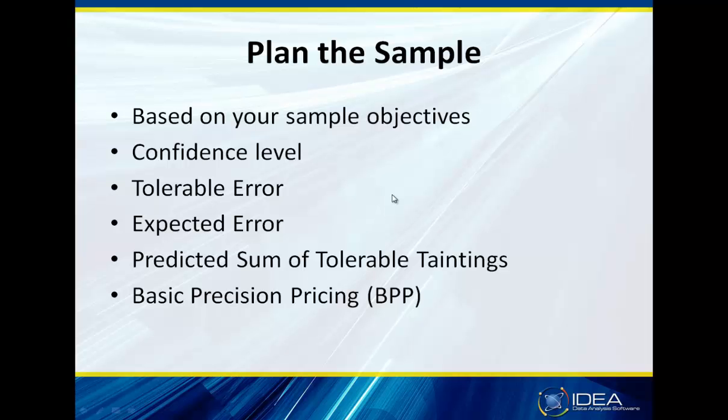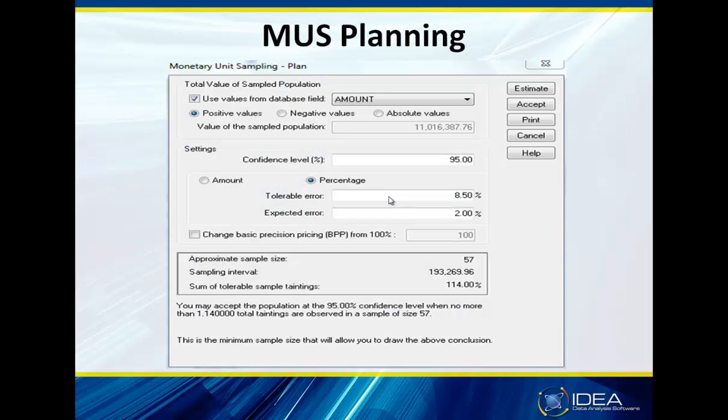We can use those to help plan the sample and generate a sample size that will fit our objectives. Basically, with monetary unit sampling planning, the objective here is to be able to fill out this screen so that you get a sample that meets your sampling objectives. We have the areas such as confidence level, the tolerable error, the expected error.